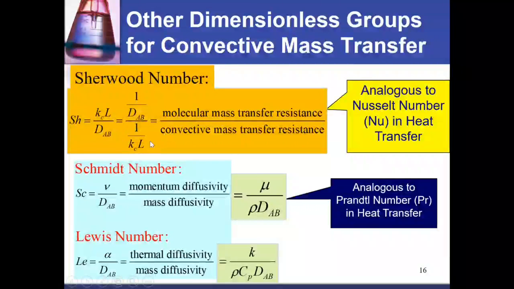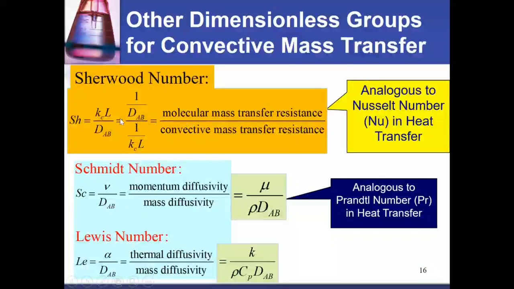And the reciprocal of Kc times the characteristic length, in this case L, is called the convective mass transfer resistance. So the Sherwood number is basically the ratio of the molecular mass transfer resistance over the convective mass transfer resistance.